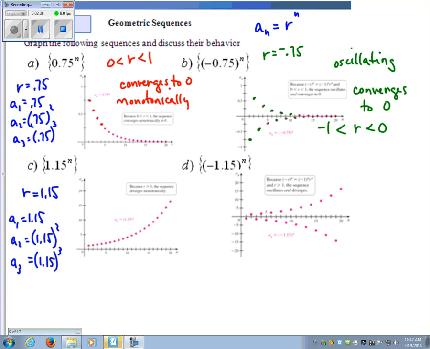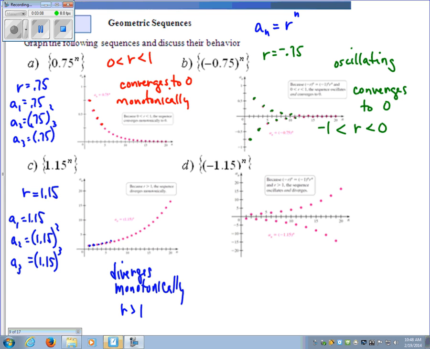Well, you're starting off with 1.15, and as you multiply each following term by 1.15, you're making it a little bit larger than it was the time before. So what's happening here is that this sequence is diverging because those numbers are going to continue to grow if you keep multiplying by 1.15. And it's diverging monotonically. It's going in one direction. And this is a situation where the r is actually bigger than 1.